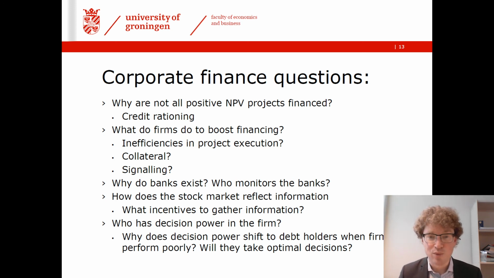And you might ask, will they take the optimal decisions for the firm? You might already guess that, well, no, these decisions will not necessarily be optimal for the firms, they will be optimal for the banks. Why do we have that? It doesn't sound like a good thing, but we'll figure out some reasons we cannot do without this. So those are typical questions that corporate finance tries to answer.